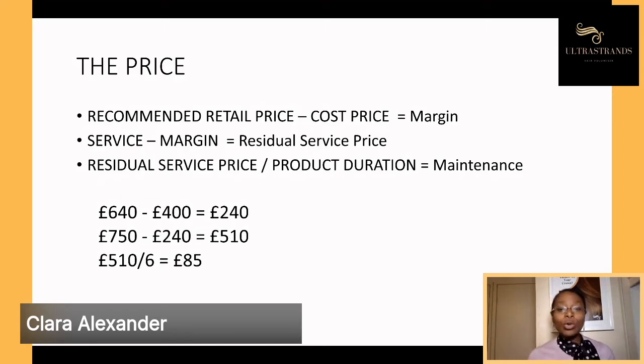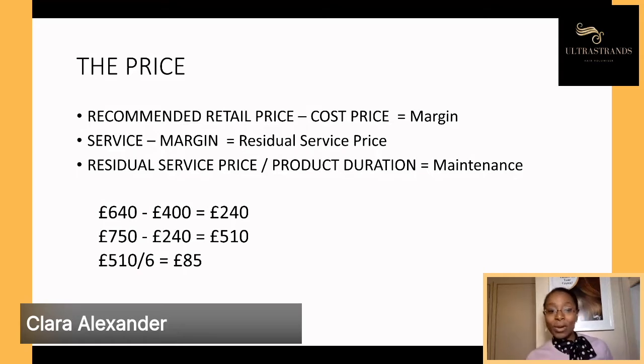Now, what do you do with this margin? Not everybody does this, but we have calculated the margin in order to give you an option. And one of the options here is basically saying that we know on average, the price that it's going to cost you to install it plus your consultation comes to about £240. And that is why we were able to get you the recommended retail price of £640, because the lowest that we can provide it to you is £400.